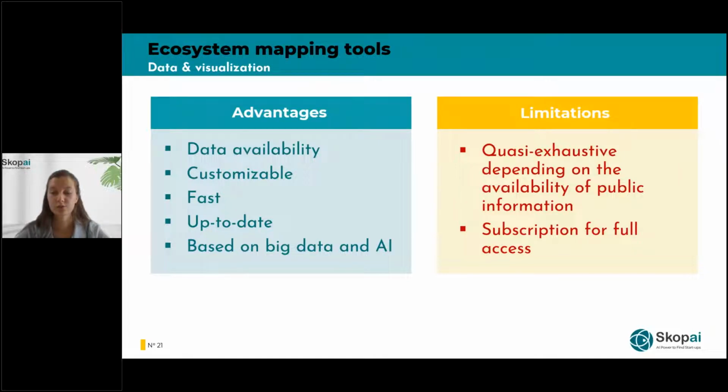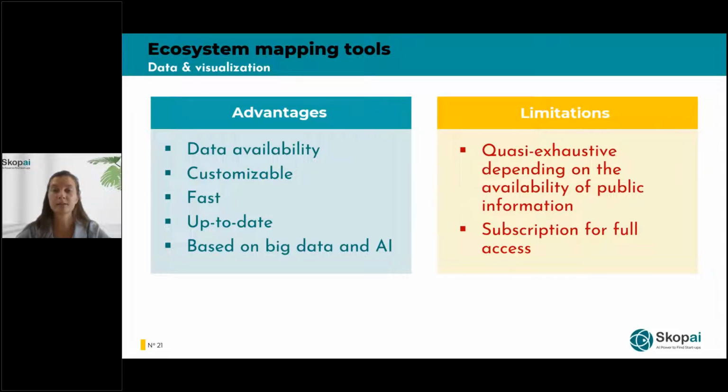Among the limitations of these tools, we can say that the information that they provide is quasi-exhaustive because it depends on the availability of public information. That is, as the data is collected using publicly available data, the amount of data is not the same for different startups, and for some startups the data can be missing, while for others the algorithms can collect more data.